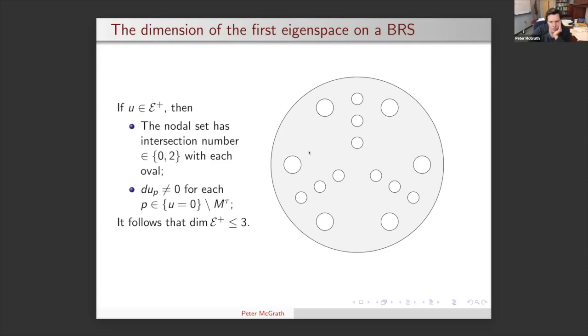So you can't have an interior cross not on these fixed point circles. And again, each of these facts comes very quickly from the Courant nodal domain theorem, that any even first eigenfunction like this has just two nodal domains. And so it follows that the even part of the first eigenspace has dimension at most three.